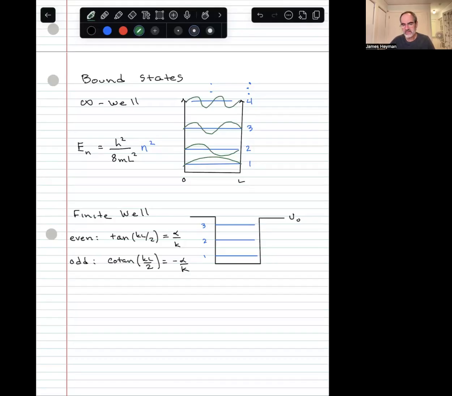Okay. For the finite well, we got something that was qualitatively similar, but with an important distinction. Now the wave function does not go to 0 at the boundaries of the box. Instead, it leaks out into the barrier.